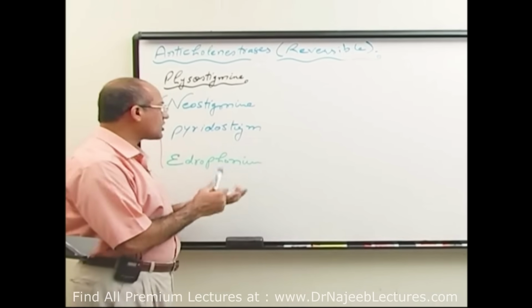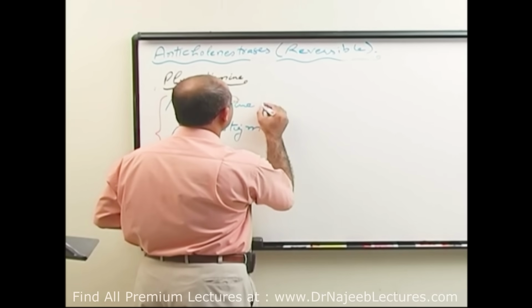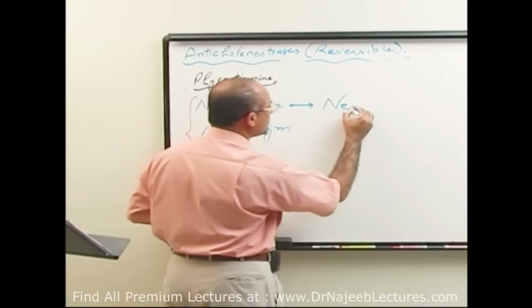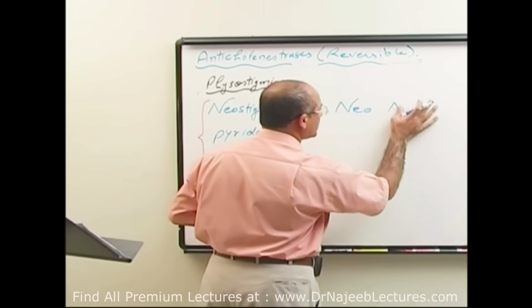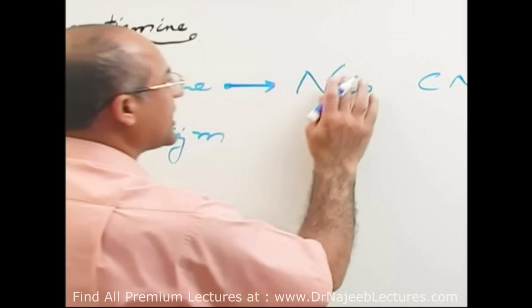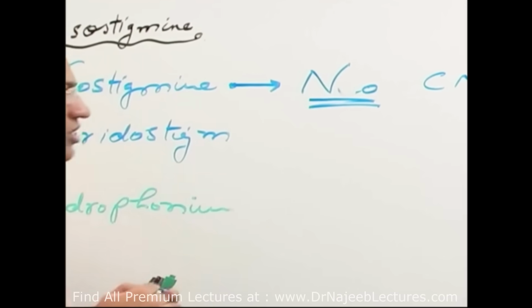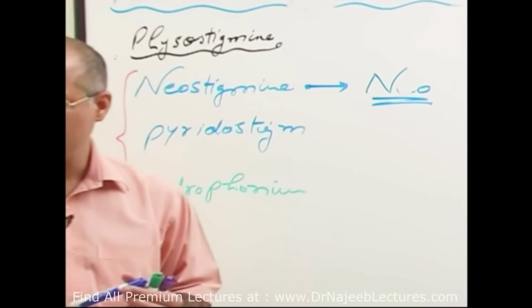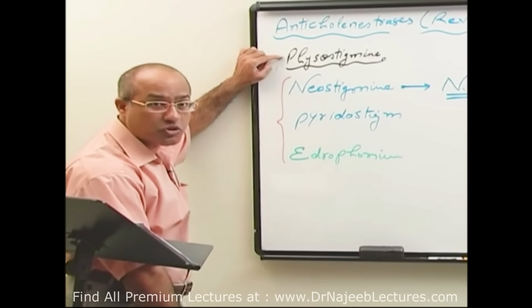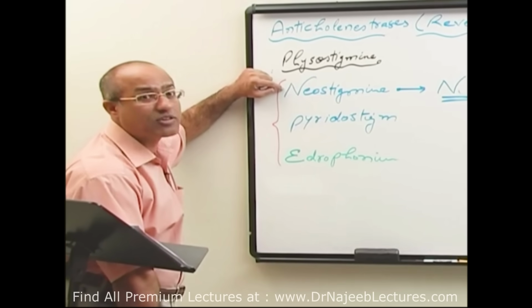Now, neostigmine. Neostigmine means no CNS, rather we should remember neostigmine, not to CNS, right? Because it's a very important concept. Physostigmine goes to central nervous system, neostigmine does not.